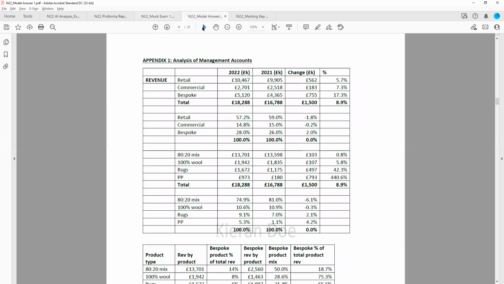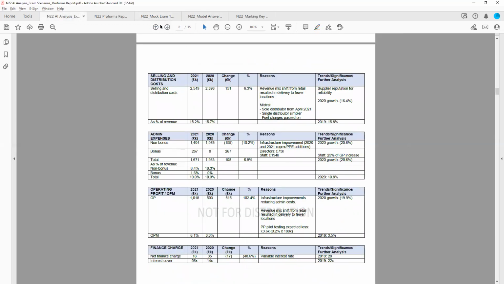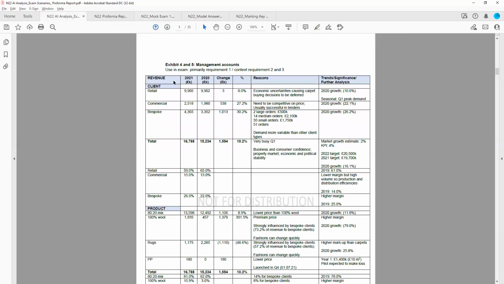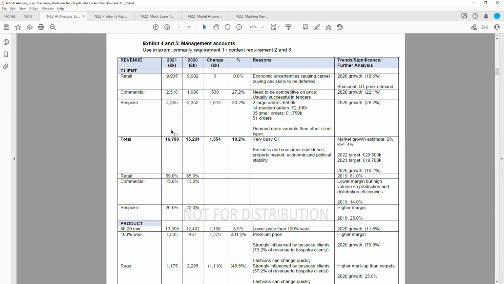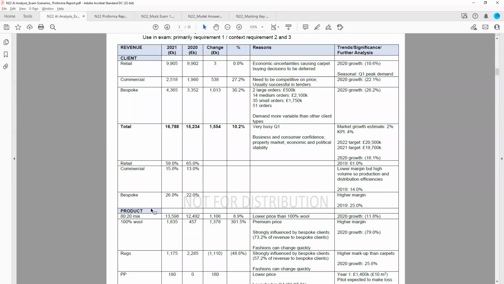So then start working through the numbers. So we've obviously got the overall revenue number. Now we've got all of our 2021 numbers in our AI analysis document. So you may decide you want to start by copying those over and getting your pro forma appendix 1 laid out. We know we're doing revenue by client and by product.